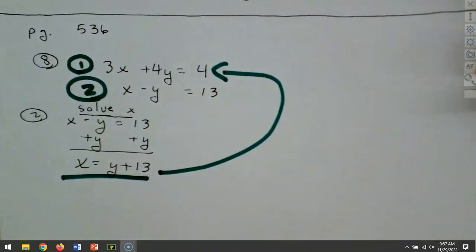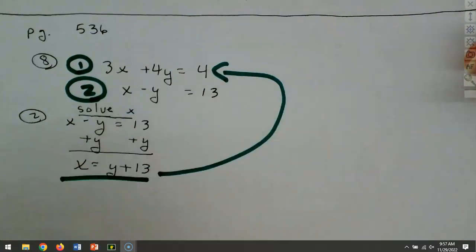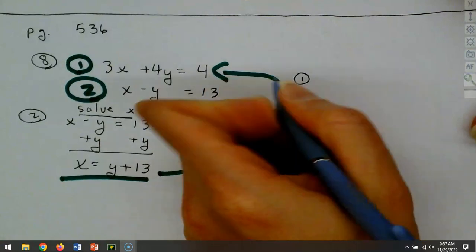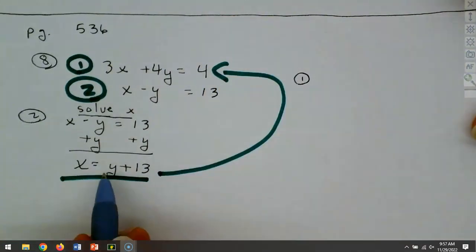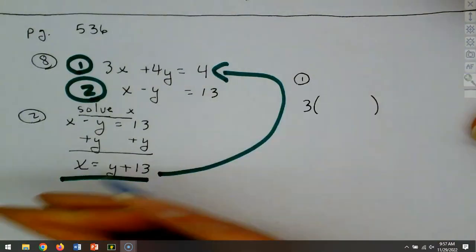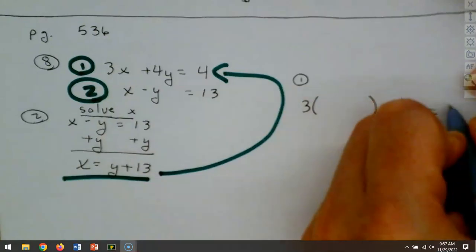So we solved the second one for x, and we're going to plug that in to the first equation. So we're going to take this, we're going to plug it in.